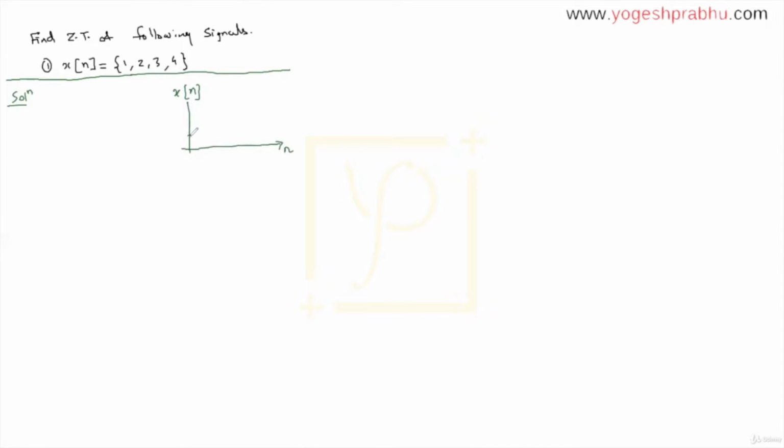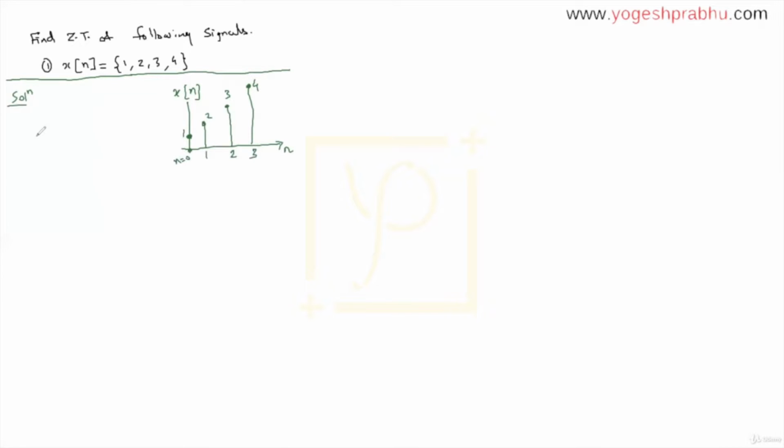I can just plot them graphically. So this is 1, then the next value is 2, this is 3, and this is 4. I've just drawn these values on the graph. Also observe that this n axis has this as an origin. So this is n equal to 0 over here, n equal to 1, 2, and 3.